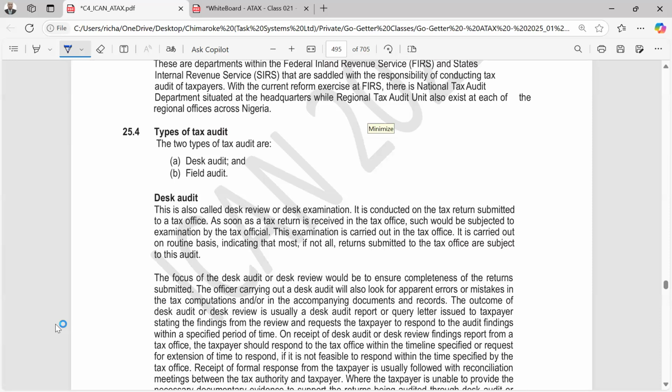Now, the outcome of a desk review or desk audit is a query. Sometimes they will give you a query that is issued to the taxpayer stating the findings and requesting the taxpayer to respond to the findings. Sometimes they want you to supply documents to substantiate what you have submitted, maybe because you failed to submit.